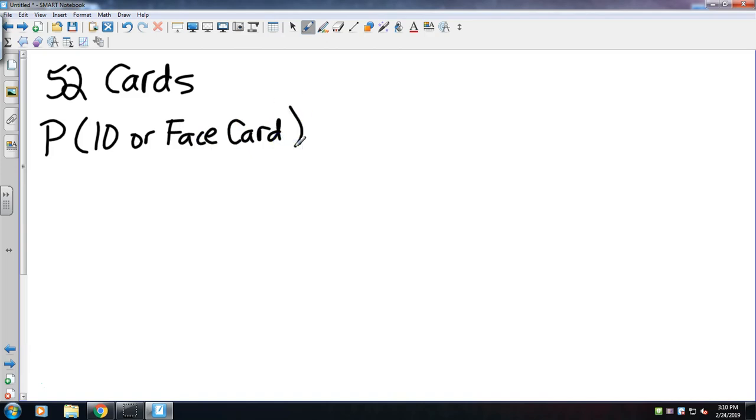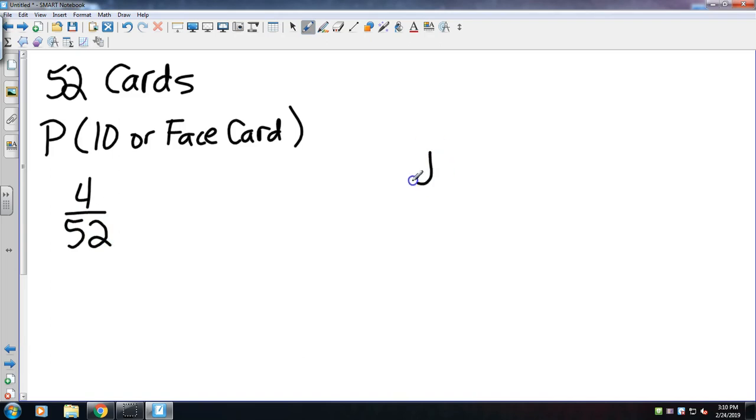So now let's think about that. So if we have 4 suits in the deck, we have hearts, we have diamonds, we have spades, and we have clubs, and each one of them has a 10. So that means out of the 52 cards, 4 of them are 10s. Now let's think of face cards.